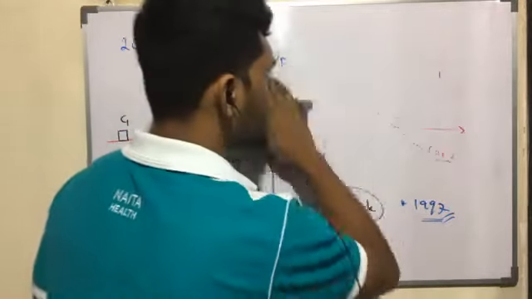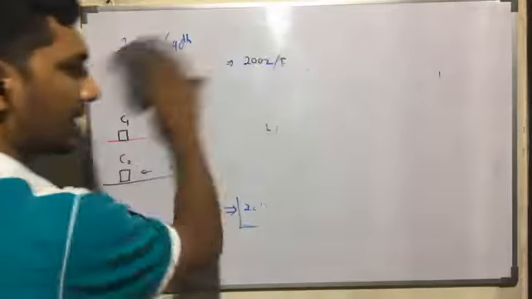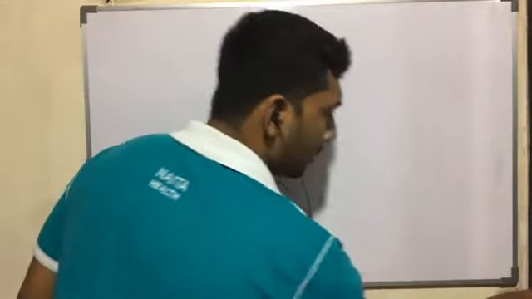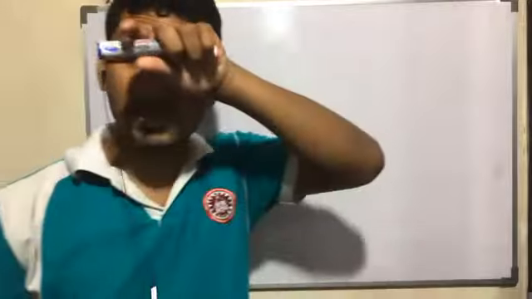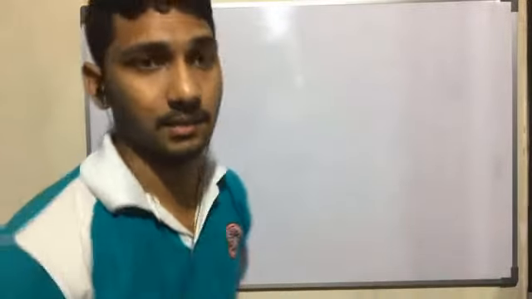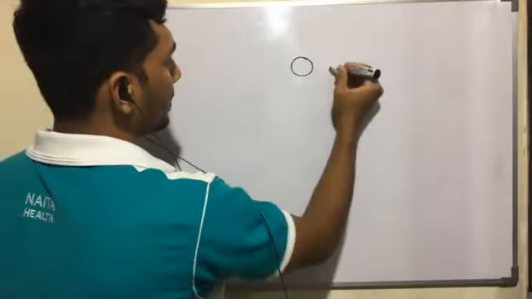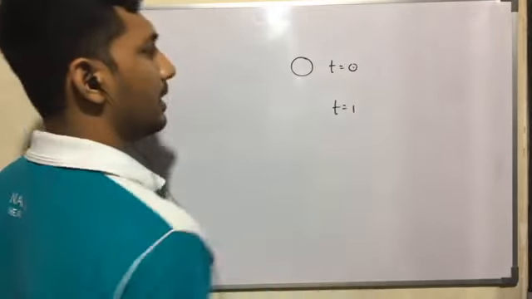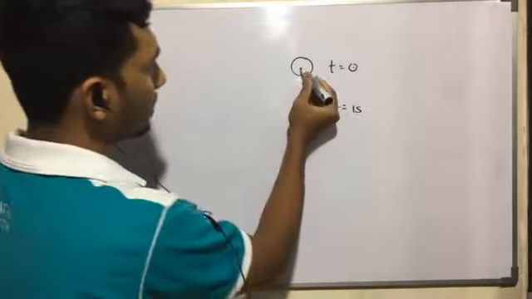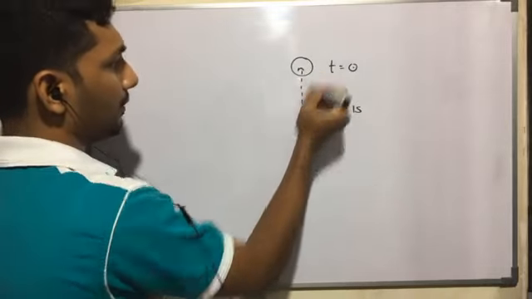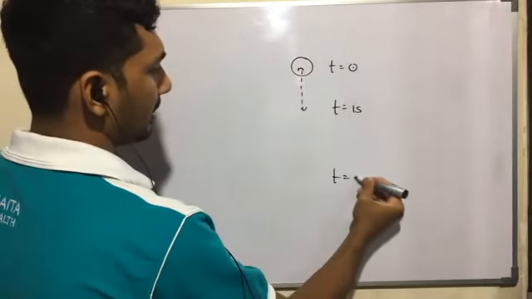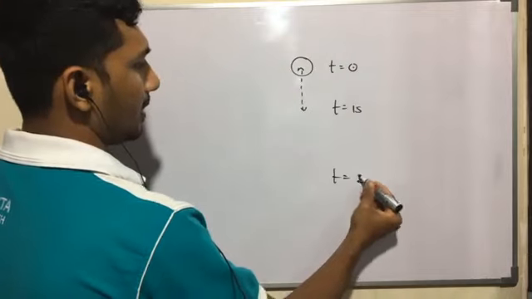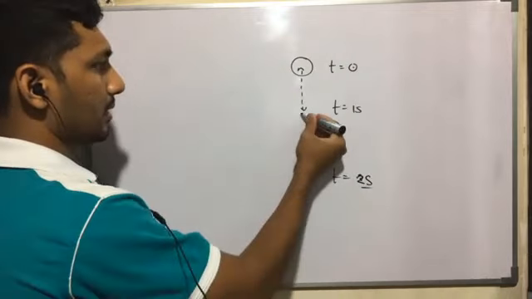So here, distances traveled in the first, second, and third seconds. The meaning itself is a little bit confusing. What is meant by traveling in the first second? Let's say the fall starts when t is equal to 0. Then we measure the distance when t is equal to 1 second. This is the distance traveled in the first second. Then we measure the distance at 2 seconds.